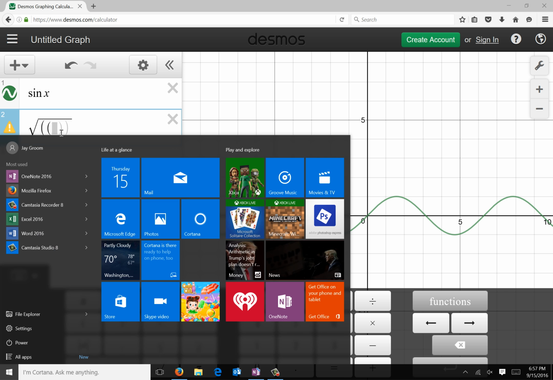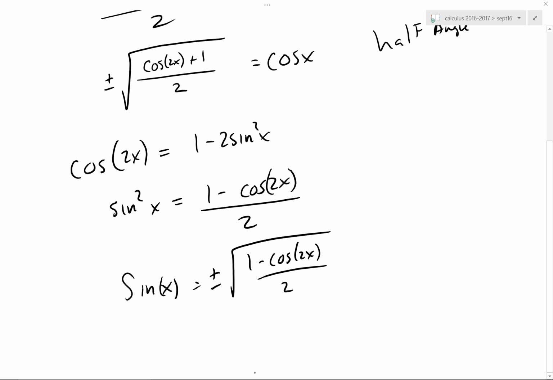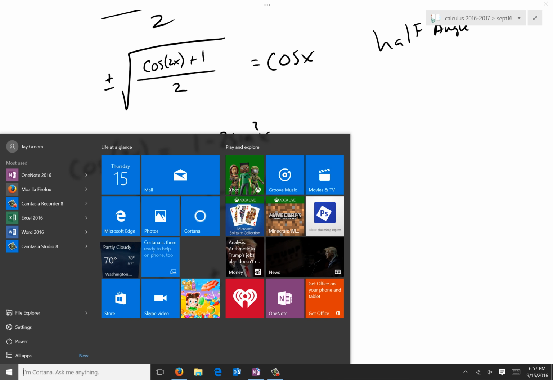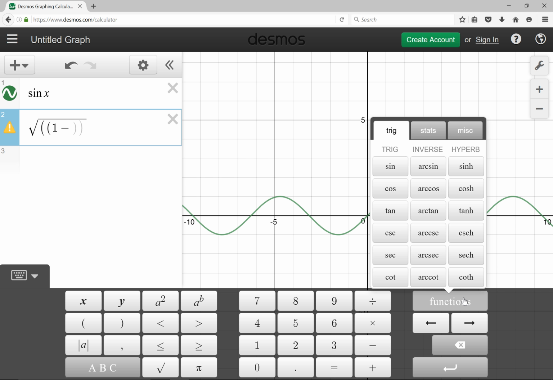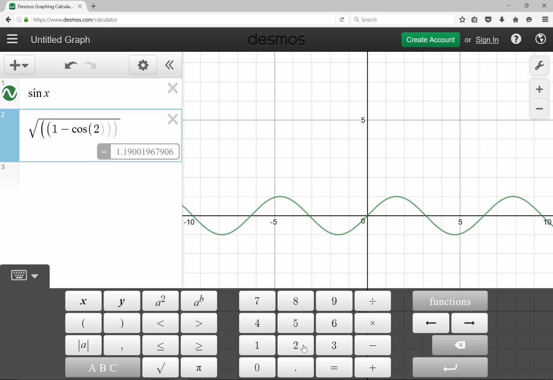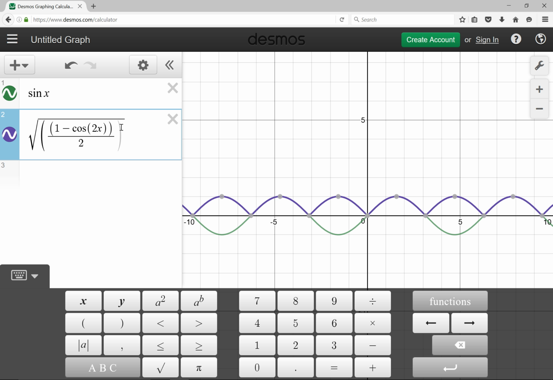So 1 minus cosine of 2x, divided by 2. Oh no! Why is that the case, Mr. Groom? Remember, that's a square root, so it's plus or minus, yes?